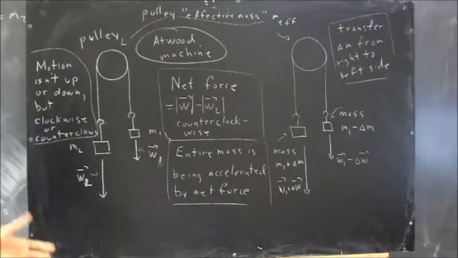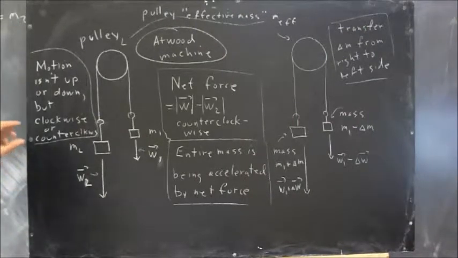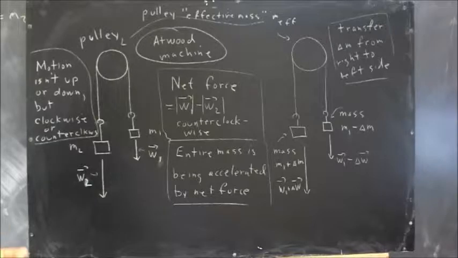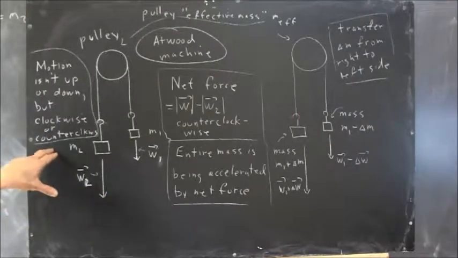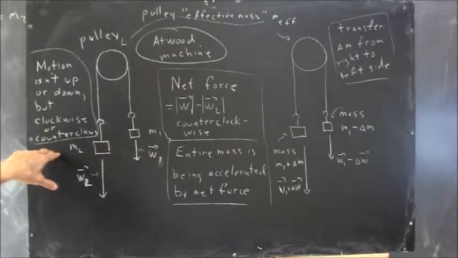You can actually make a choice of positive direction, as you can with linear motion. You can contradict this, just don't contradict it when you're dealing with torques and moments of inertia and Newton's second law for rotation. We haven't talked about that, and it'll be some time before we do, but that's the convention.